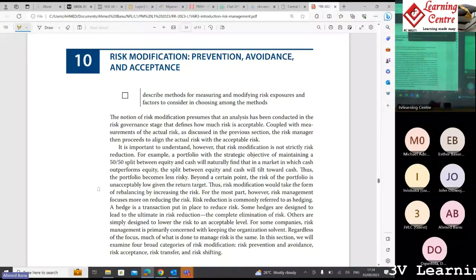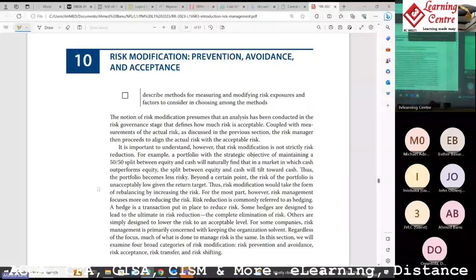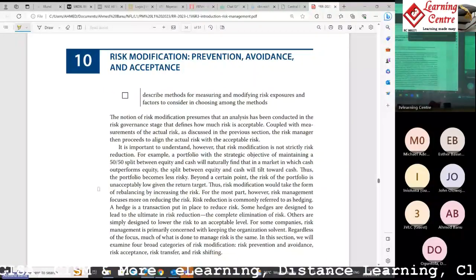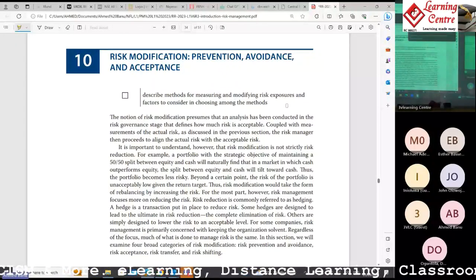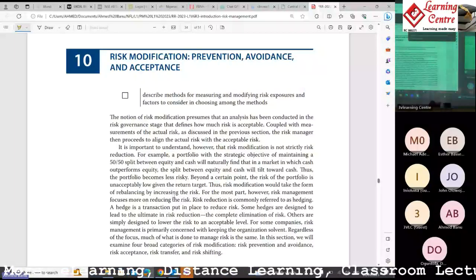There are only 2 decisions I can make. Decision number 1 is to reject it, to avoid that investment because its risk does not align with my own risk. Number 2 is to accept, to take on that risk, meaning that I would invest in that instrument and take on that risk, even though the risk of that instrument is higher than my own.